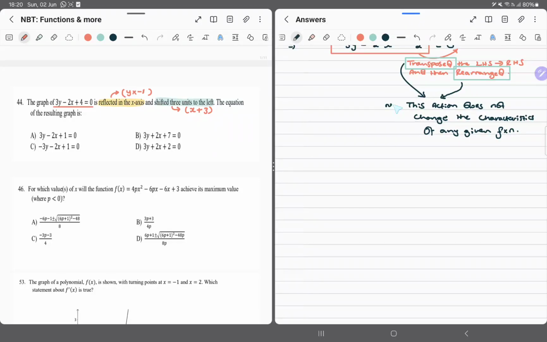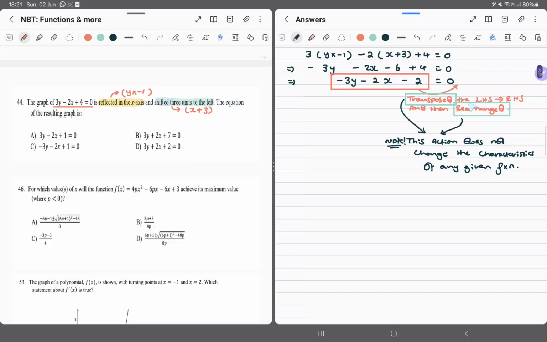So this is very important to note, guys. Performing a transposition and rearranging does not change the characteristics of the function.